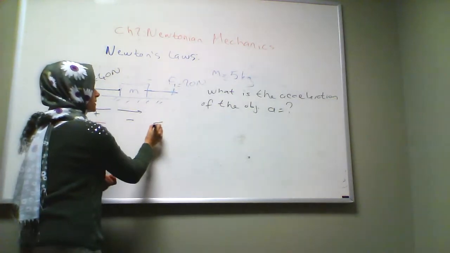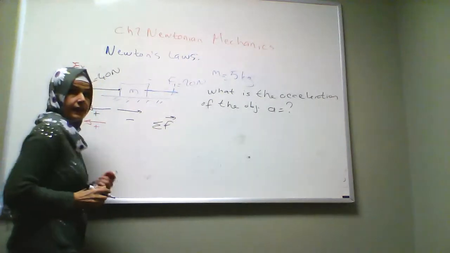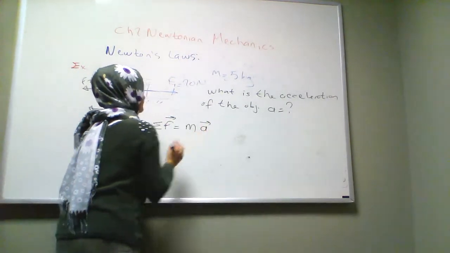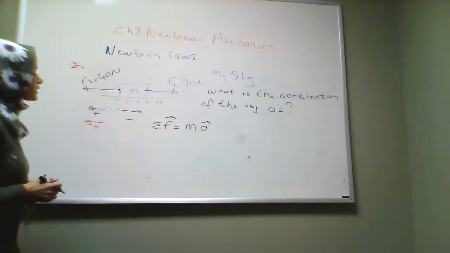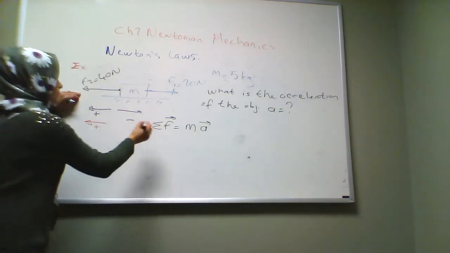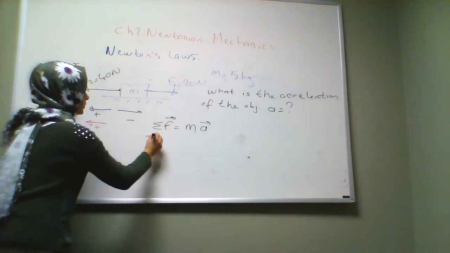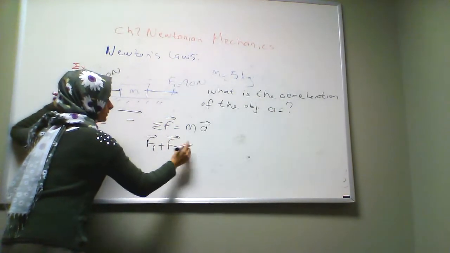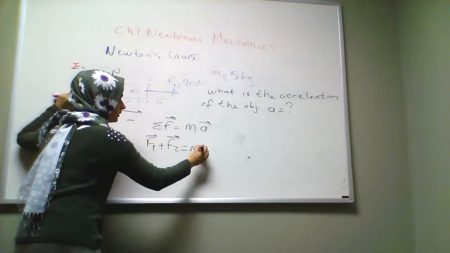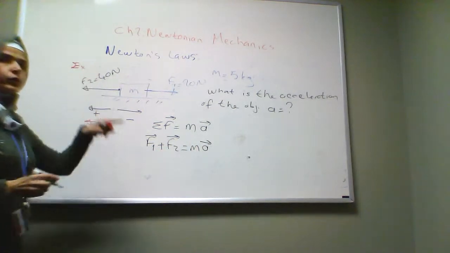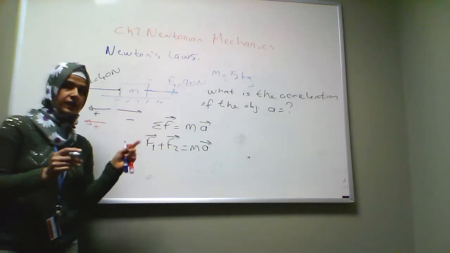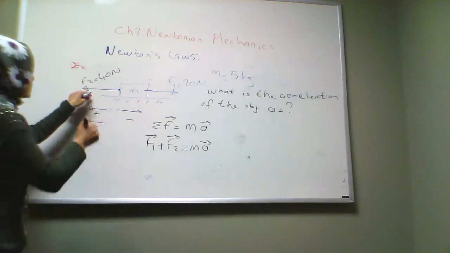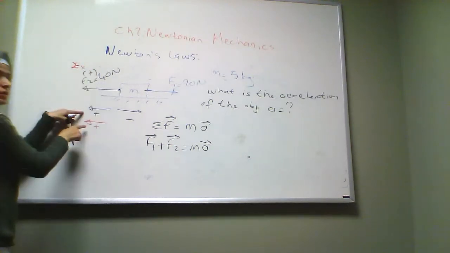Total force, F, vectorial addition, is equal to M times A. And total force will be, let me put it in first in vector form, F1 plus F2. This is in vector form. I didn't move into magnitude form yet. Once I move into magnitude form, I'll have to take positive, negative into account. I'm doing vectorial addition.